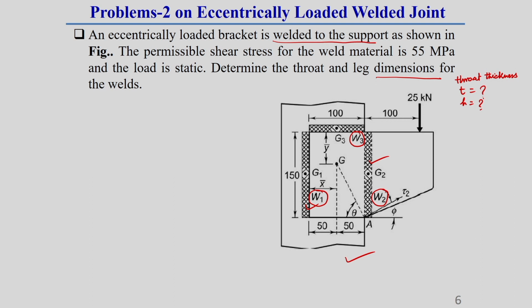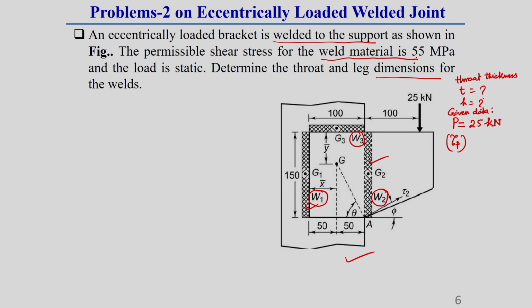Here, what are the things given? The eccentric load P is given as 25 kilonewton. So, the given data is P equal to 25 kilonewton, and also the permissible shear stress of the weld material, which you should keep in mind.